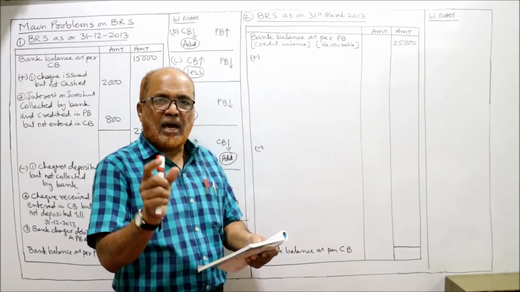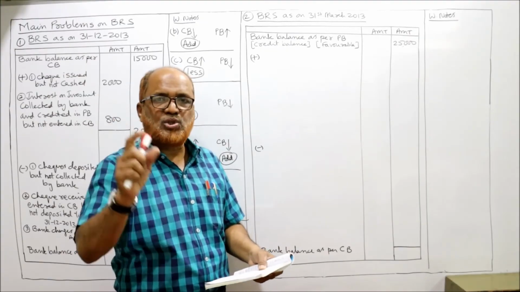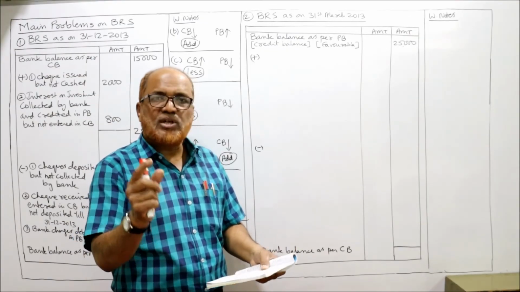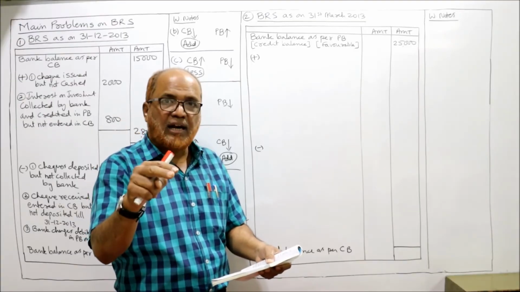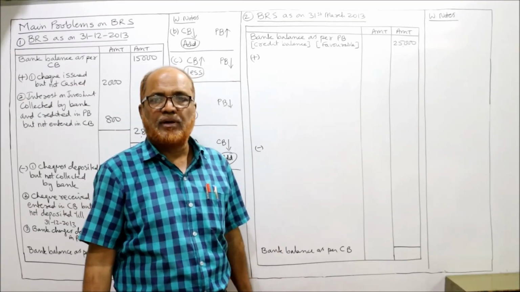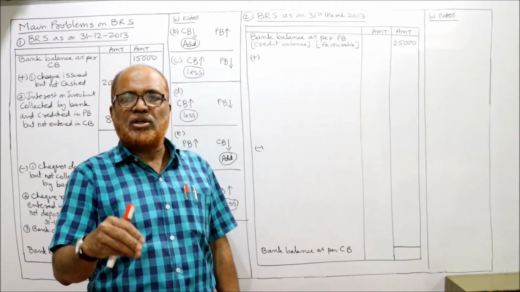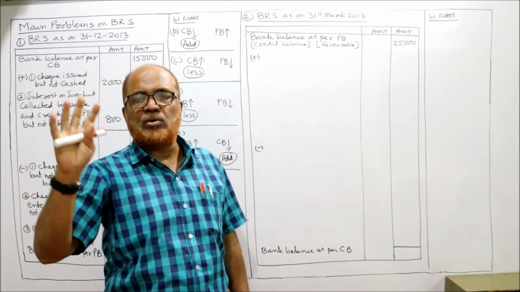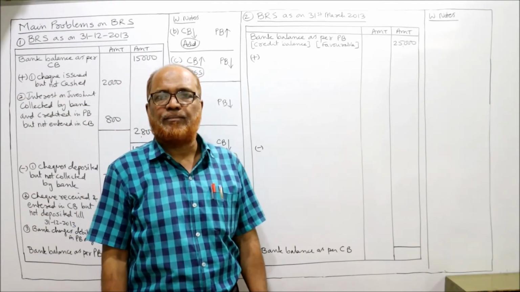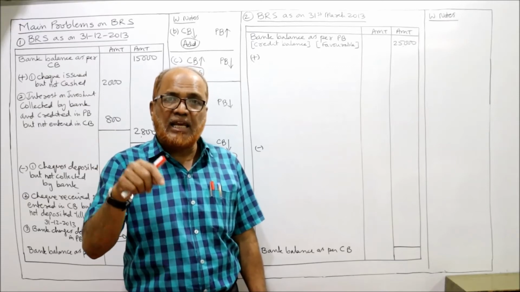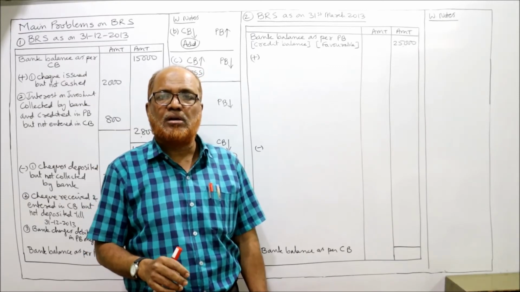First, checks amounting to 5,000 were deposited in the bank, but only checks of 2,000 were cleared up to 31st March. So during the month of March, we have deposited 5,000 rupees checks with the bank, but the banker has cleared only 2,000.